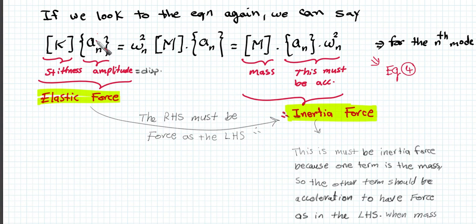In each degree of freedom, we are going to have a specific amplitude related to that degree of freedom. So we have, for example, A1, A2, A3, and so on until AN, right? So this is what is assumed to be the displacement amplitude, right?